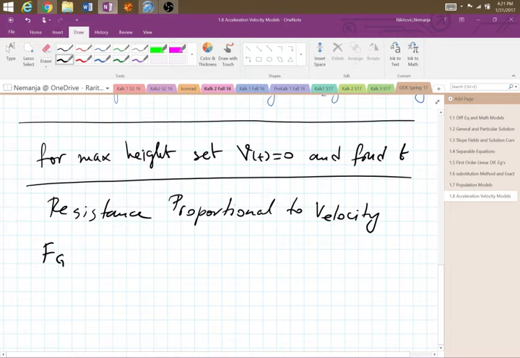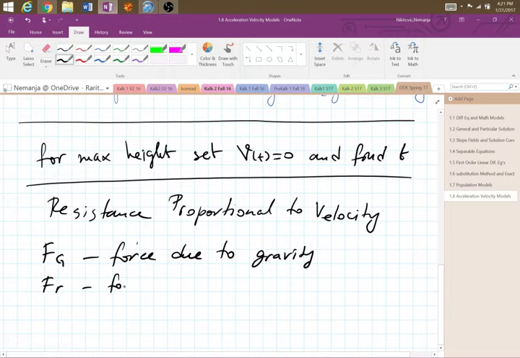Gravity pulls. It's a weak force, but things still fall. So force due to gravity, and then we have F_R, force due to air resistance.